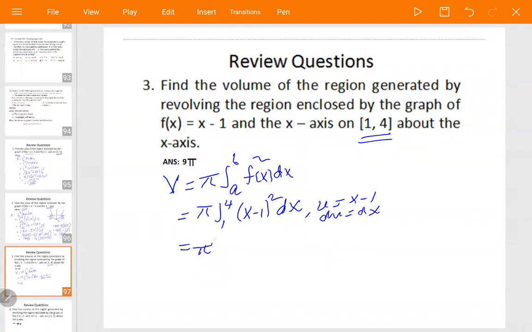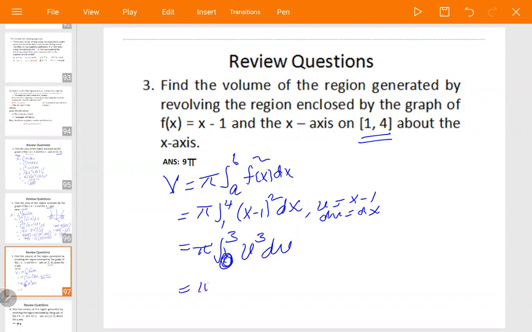So pi times, when x is 1, u becomes what? 0. When x is 4, 4 minus 1 is what? 3. So the limits of integration will be converted to 0 to 3. x minus 1, according to our substitution, is u, so you'll have u squared, and dx is du.